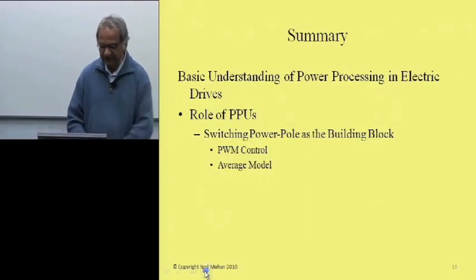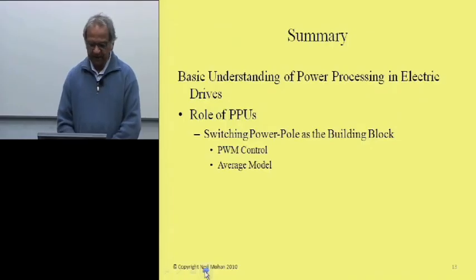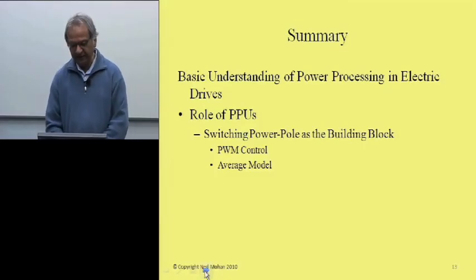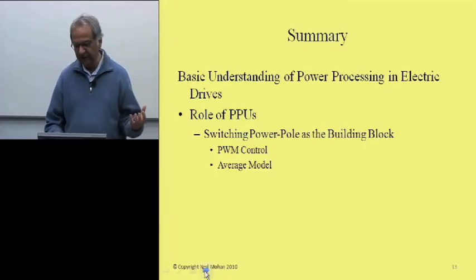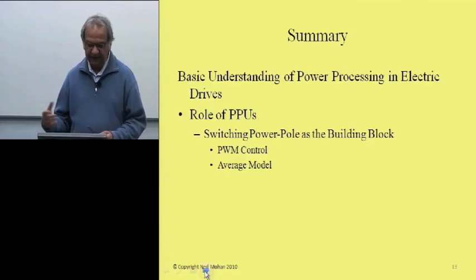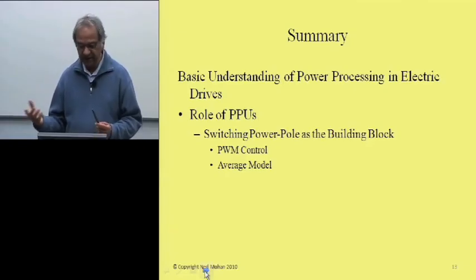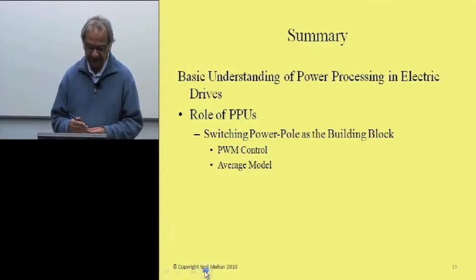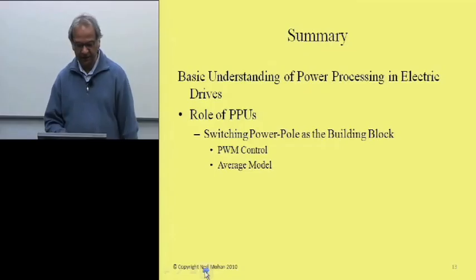Okay, so that brings us to the end of this segment where we saw the overall structure of a motor drive, where we need this power processing unit, because we often have a utility voltage on one side, and on the other side we have a DC motor or a generator or an AC motor or a generator where the frequencies may be different. So we need this power processing unit.